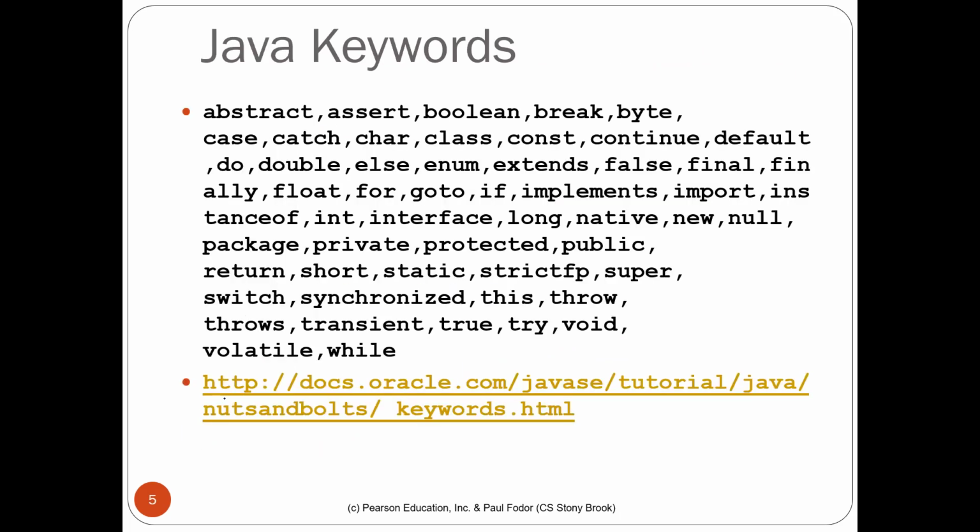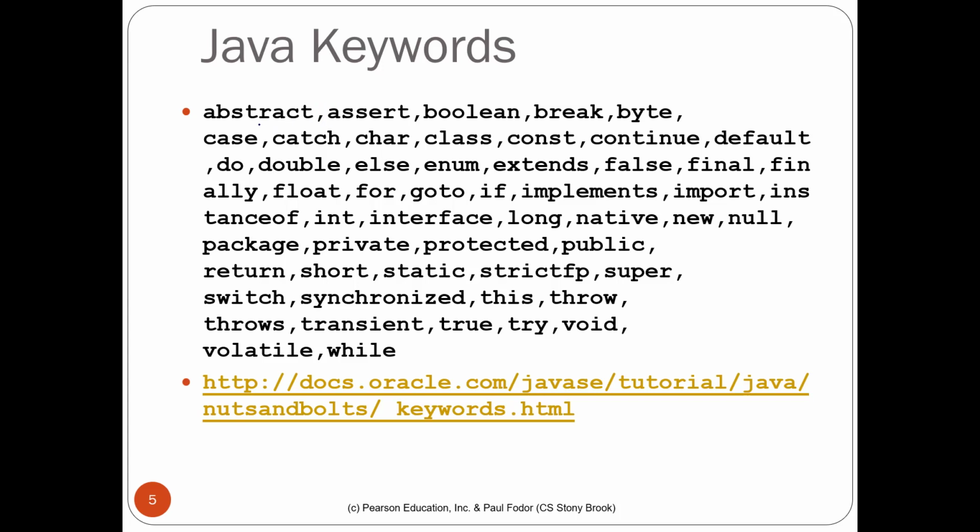Alright, so let's move on. Here in the slide you have most of the keywords which exist in Java. You can have a look at all of these, and just keep in mind that you should not use these as your own variable names or identifiers. What are identifiers and variable names? I will explain that in the next few slides. But these are reserved by Java for its own interpretation, and we should not use these keywords in our program for any purpose other than what they are meant for.